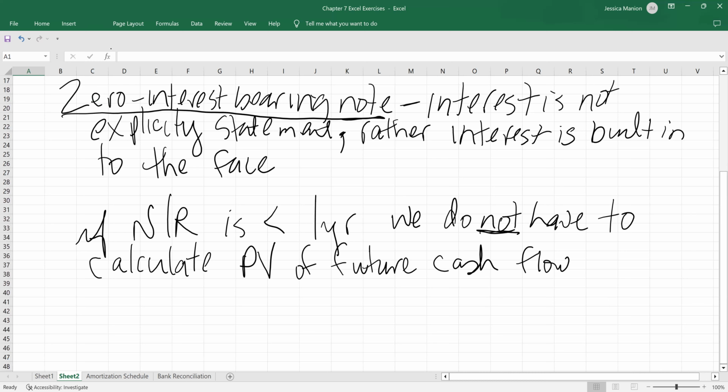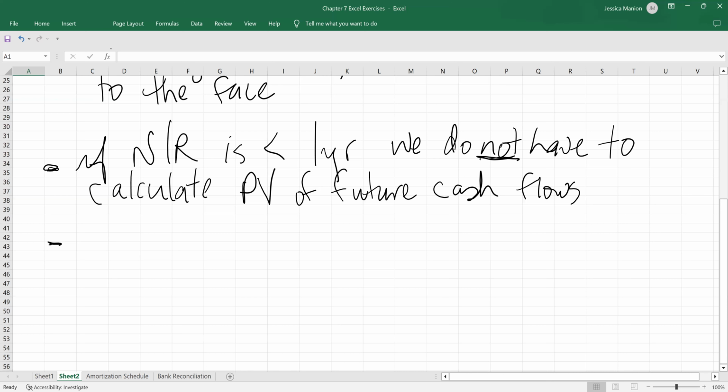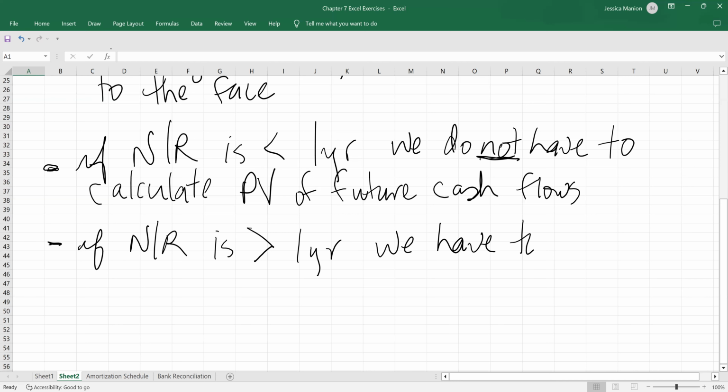However, if the note has a maturity of greater than a year, so if note receivable is greater than 1 year, we have to calculate present value.